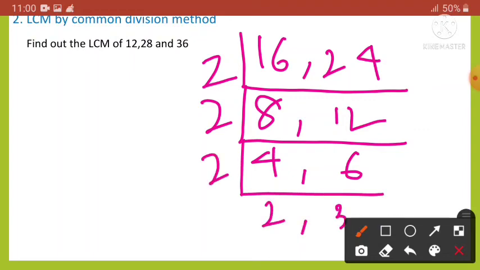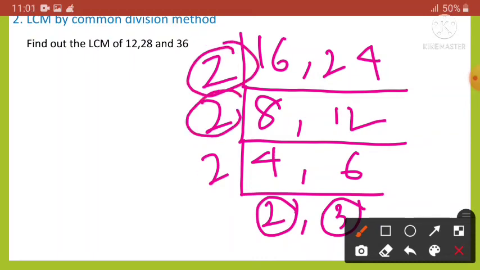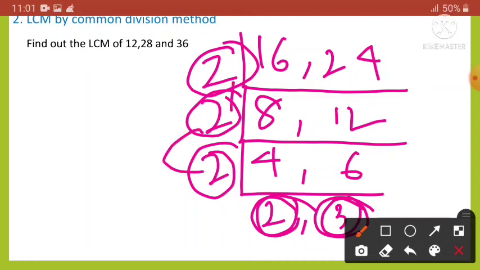Okay, now here it is 2 and here it is 3, so it will not be divided further. Got it? That means we have to stop here and multiply all those numbers to get the LCM. Okay, so here if we multiply 2 into 2, 4, 4 into 2, 8, 8 into 2, 16, 16 into 3, that is 48. So 48 is the answer.